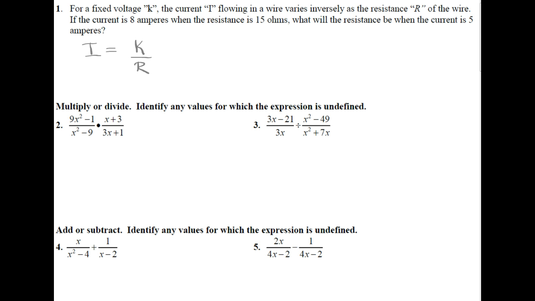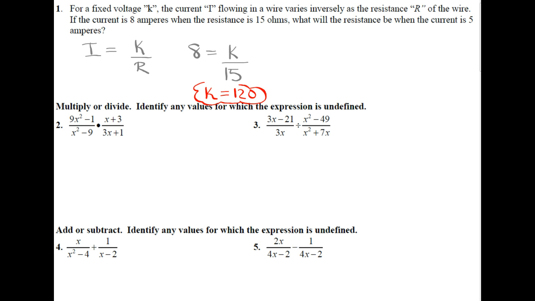So then we know that the current is 8 amps when the resistance is 15 ohms. So that means we know that 8 is equal to the unknown constant divided by 15 ohms. And if we solve that, we would determine that our K is going to be 120.